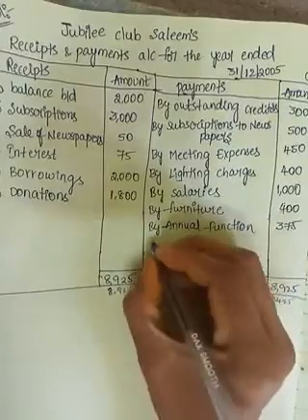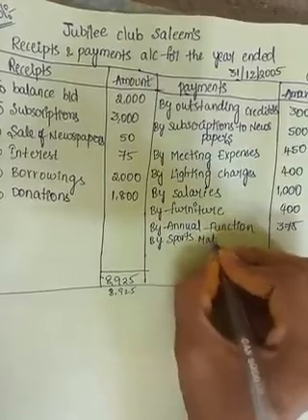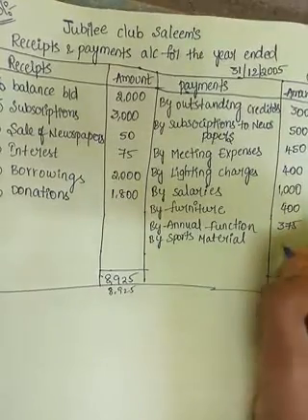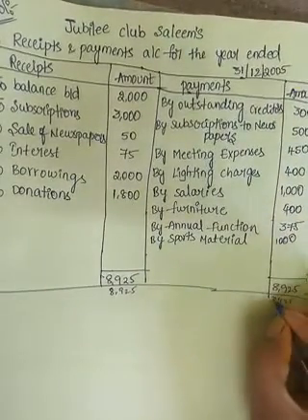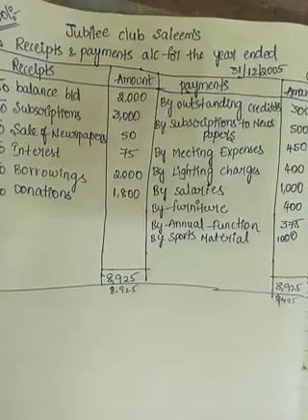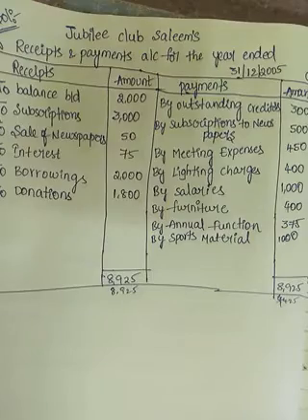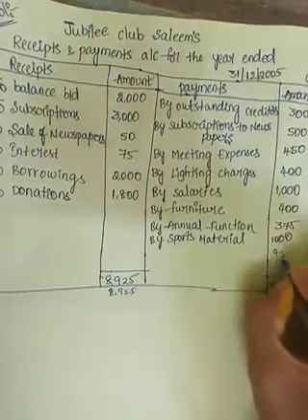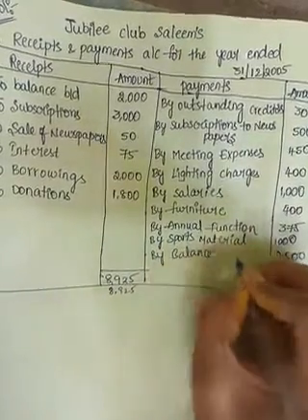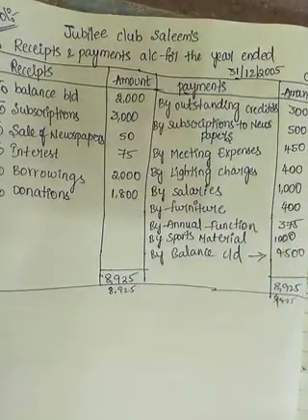Under the payment side, one item is sports material purchased, 1000. So the balance carried down amount is 4500. So this is the receipts and payments account.